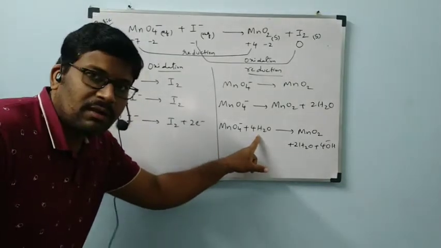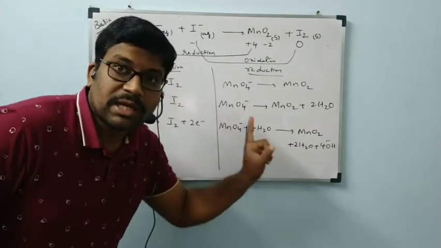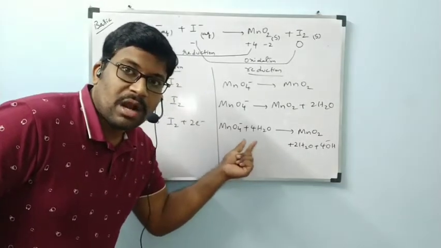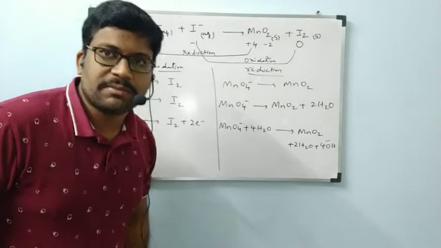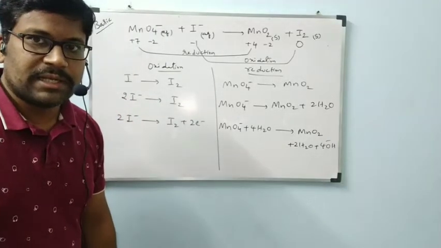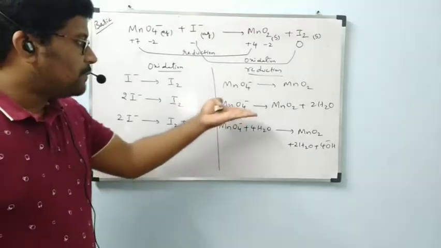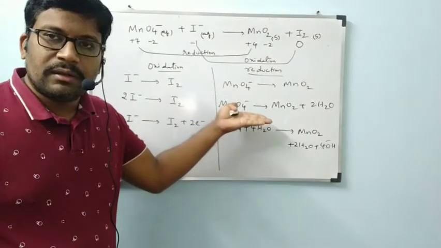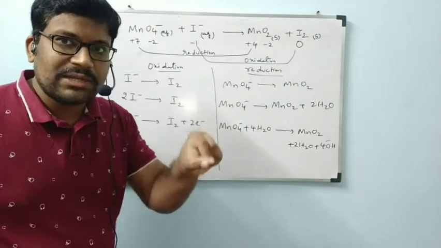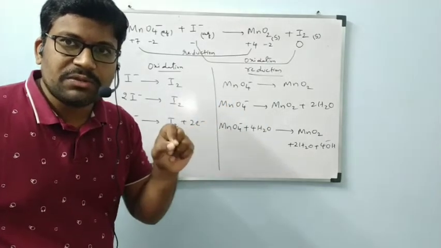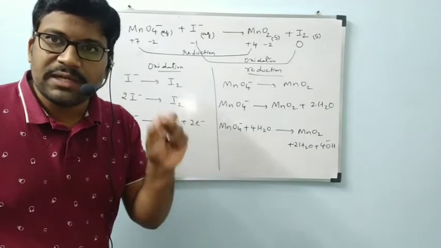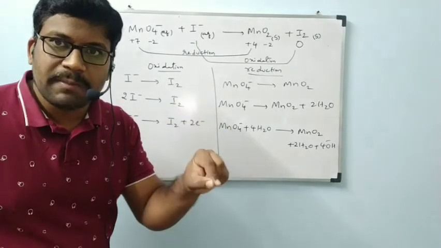4H2O is added, 4OH minus is added. Both are on opposite sides. On whichever side we add water, on the opposite side we have to add OH minus. Once again, up to this, is it clear? The number of oxygens are balanced. After that, to balance the hydrogen, first we need to check how many hydrogens must be balanced.